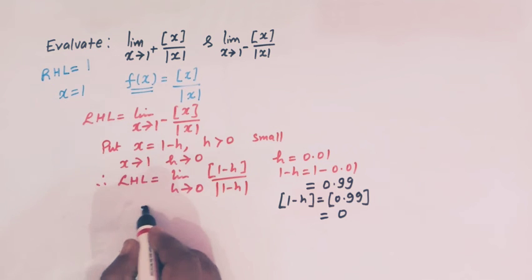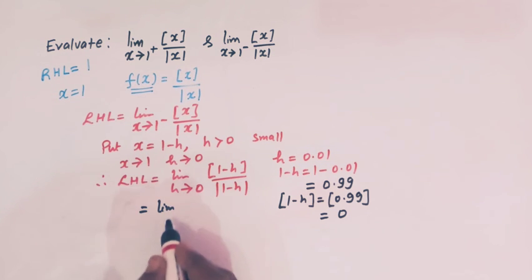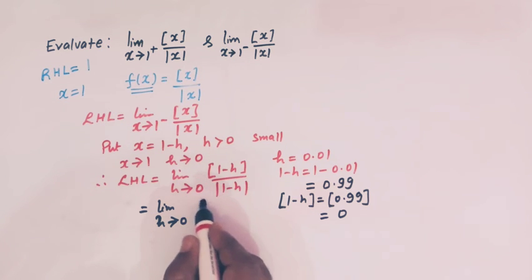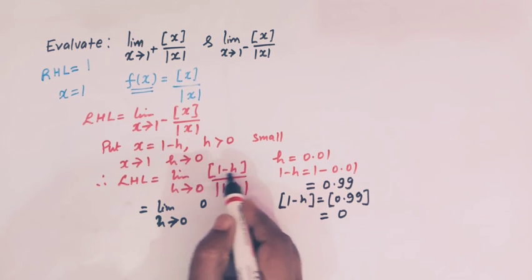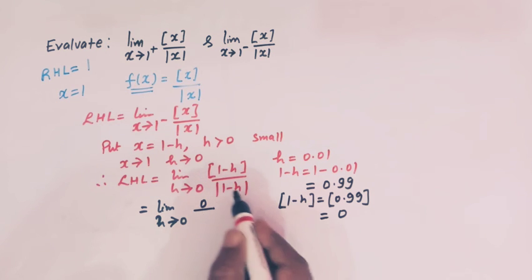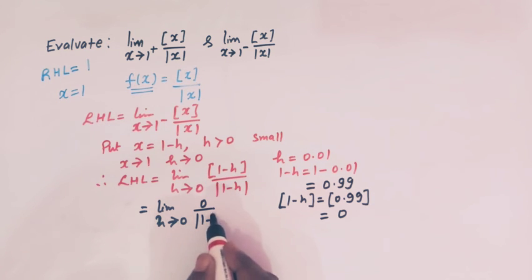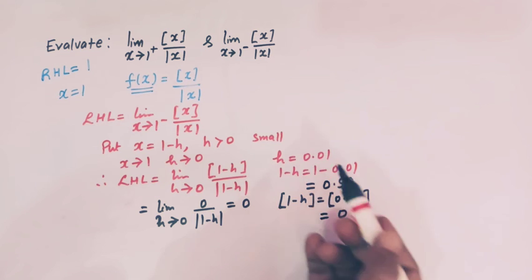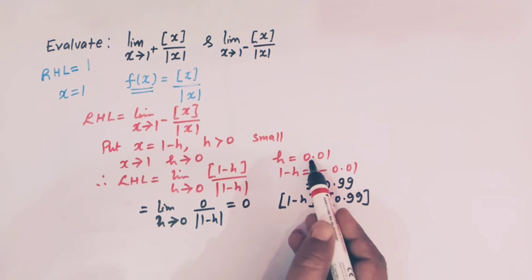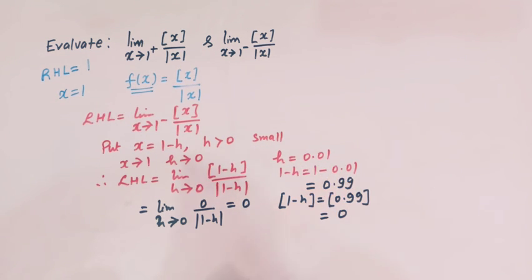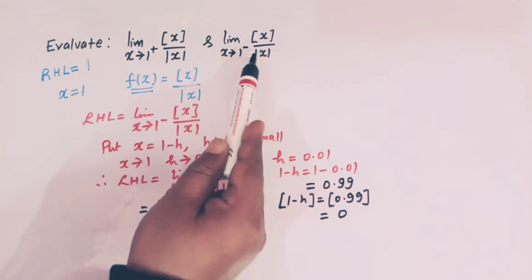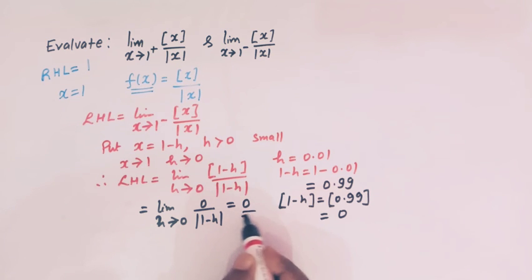So the left hand limit is limit h tends to 0 of 0 divided by 1 minus h, which is equal to 0. Here we have taken h equal to 0.01 as a special case. So the left hand limit of this function is 0.